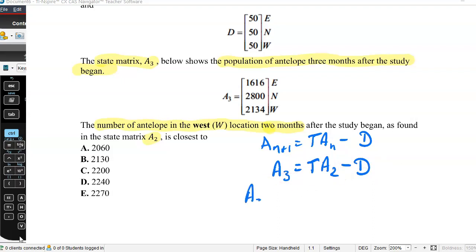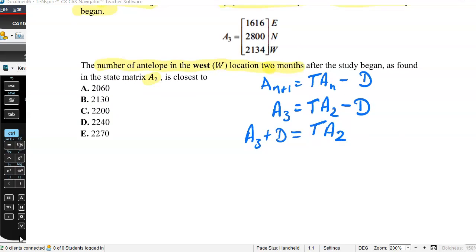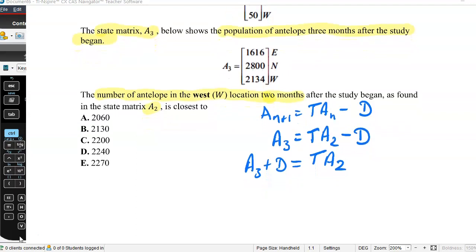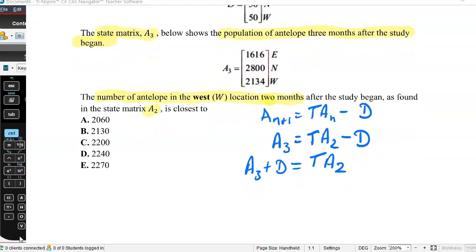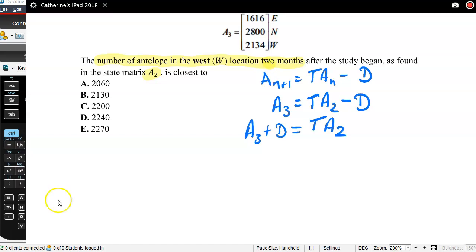So A3 plus D equals T A2. Alrighty, so I know what A3 is. I know what D is. I'll get up my calculator.